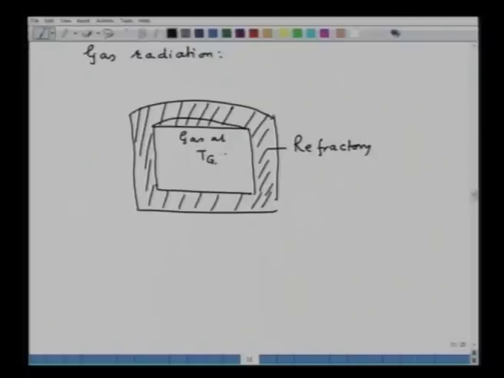This one is the body of gas which is at temperature Tg, and the refractory surface enclosure has a temperature Ts.